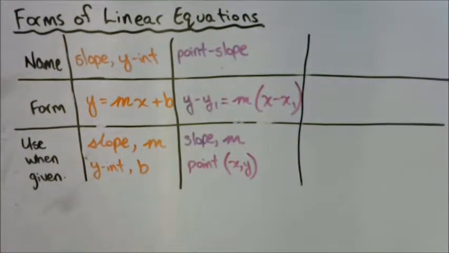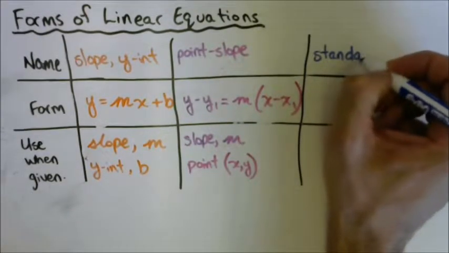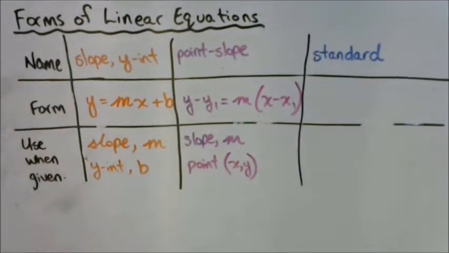The last form is by far the least helpful when drawing, but it's very good for solving an equation, and it's actually called the standard form. Right now we're working with linear equations, but as we move on to quadratics or cubics and more difficult polynomial equations, this form becomes more and more useful.